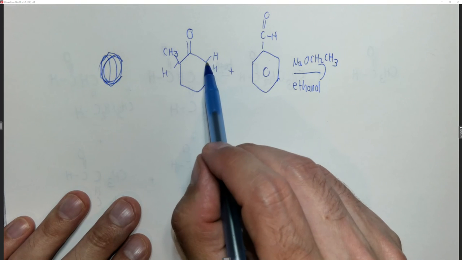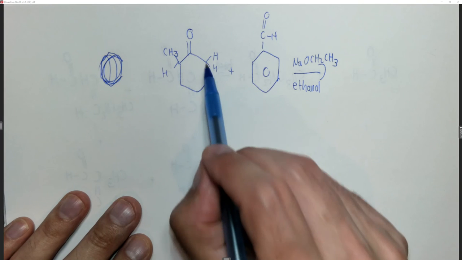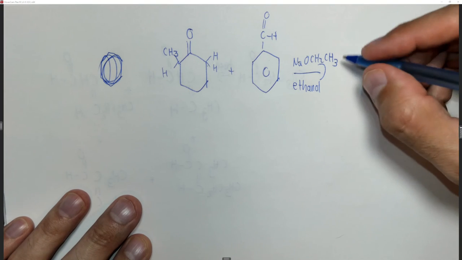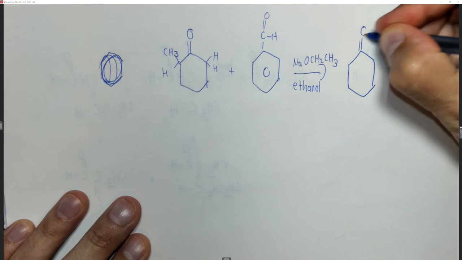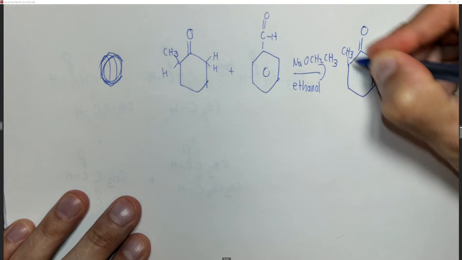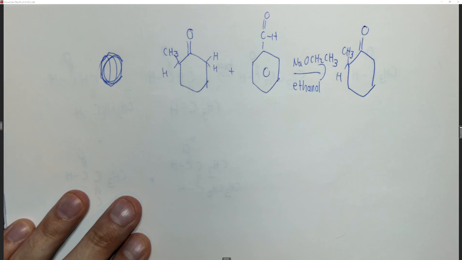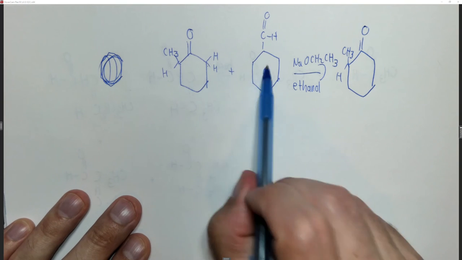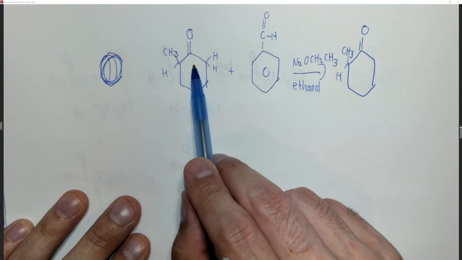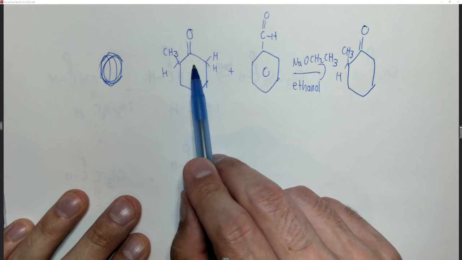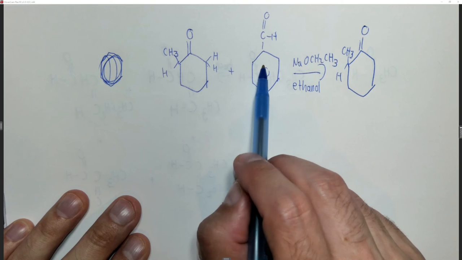So I want to redraw this with 2 hydrogens missing, because we're looking at what happens after the dehydration. So I redraw this molecule like so. Now, which of these 2 is it going to attack? It could attack itself, or it could attack this one.